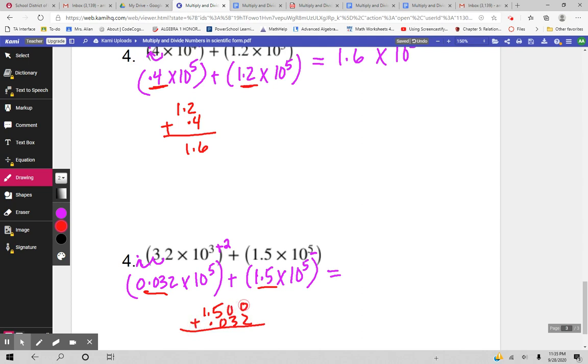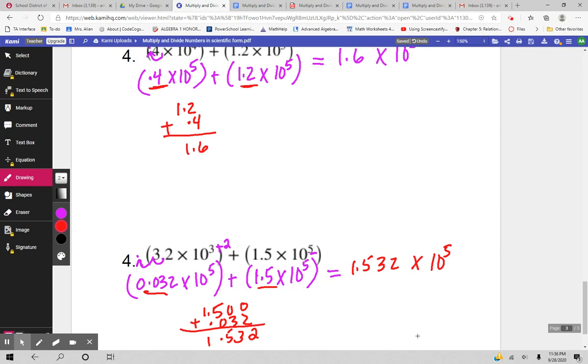Put 0 here, 0 here, 2, 3, 5, 1. So 1.532 times your matching power, 10 to the 5th. And that number is in scientific form, so we don't have to change anything.